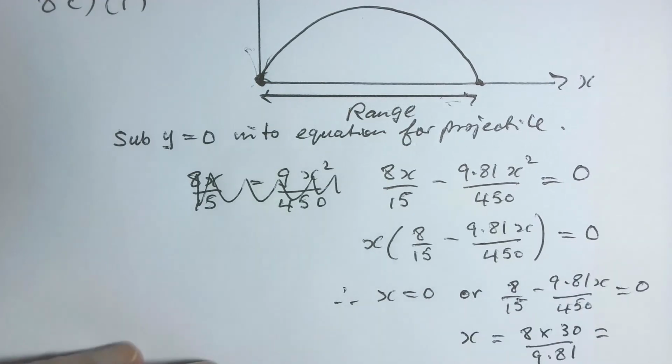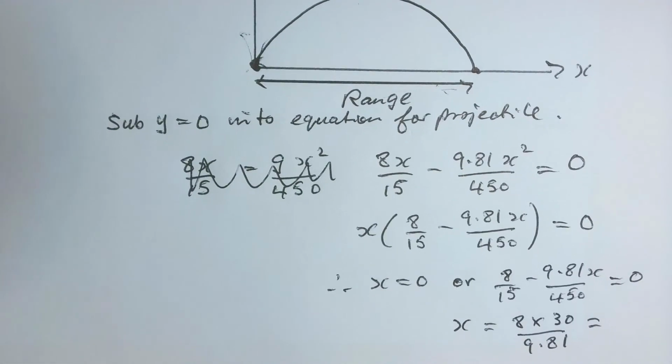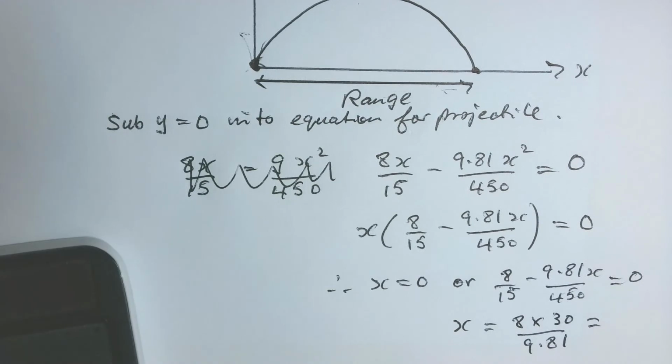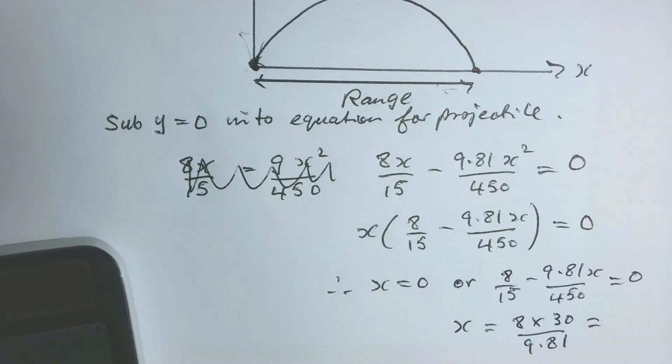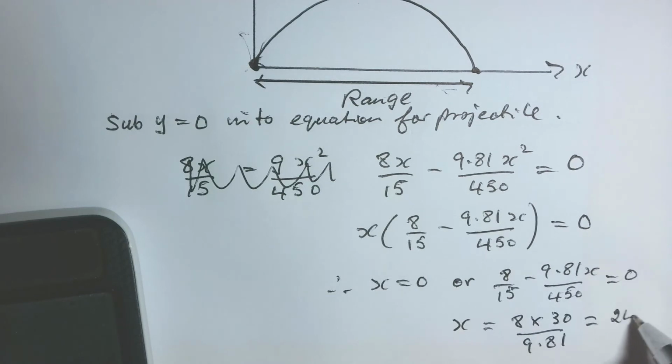When I substitute those values into my calculator, 8 times 30 divided by 9.81, I end up with 24.5 to 3 significant figures.